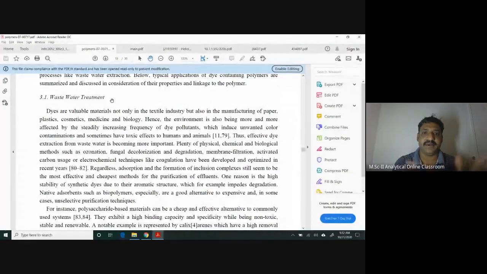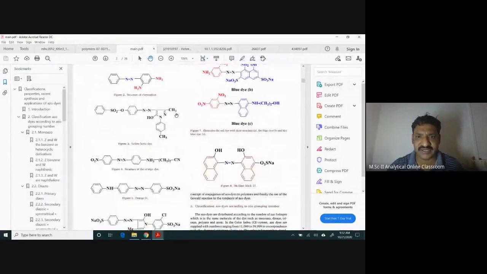When you read that, you have to prepare your micro note, because in the examination a long question is definitely asked on this: what are the industrial and research applications of dyes? Explain in detail. At that time you require the structure of the dye, where it is used, and the classification of dyes, because last lecture I think we saw azo dyes.